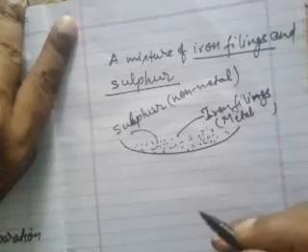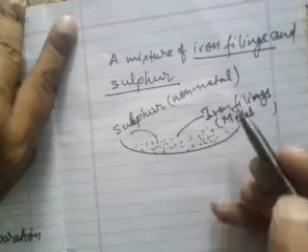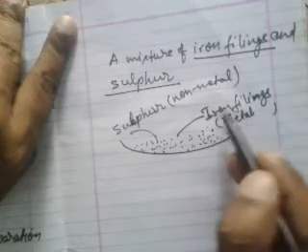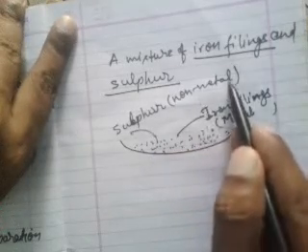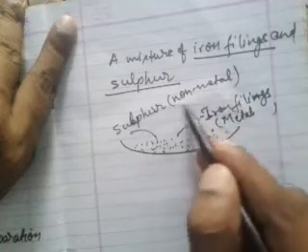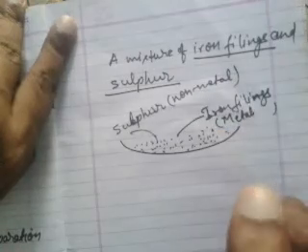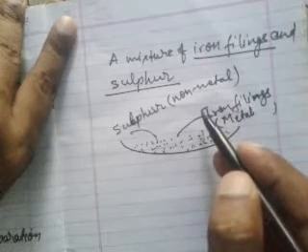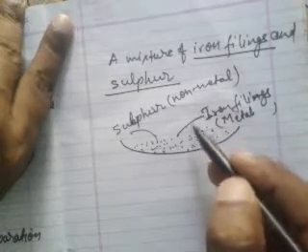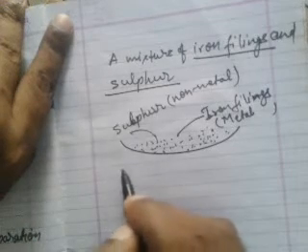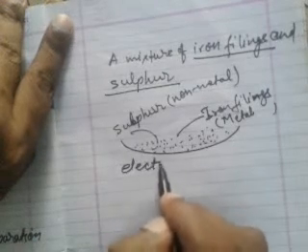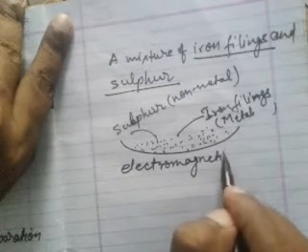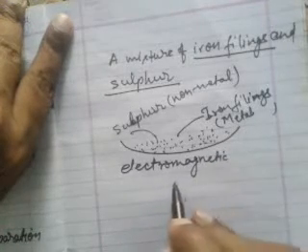This means we can easily separate this metallic substance from the mixture of this non-metallic substance with the help of a magnet. But this is a special type of magnet which is called an electromagnet.